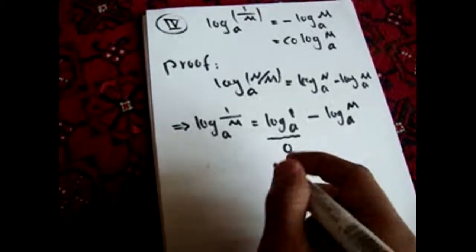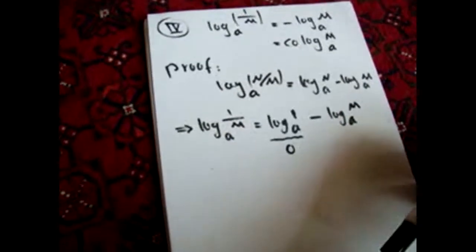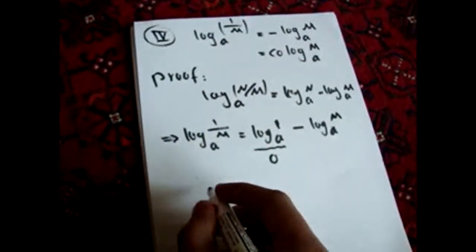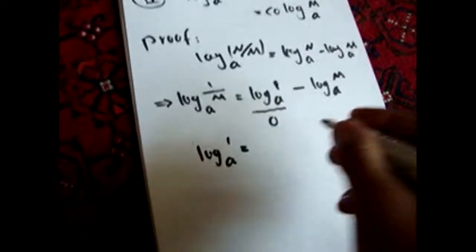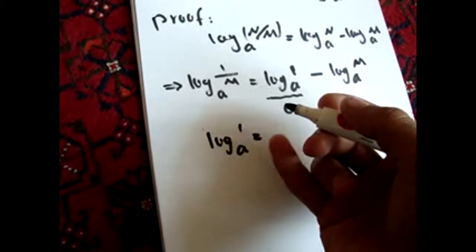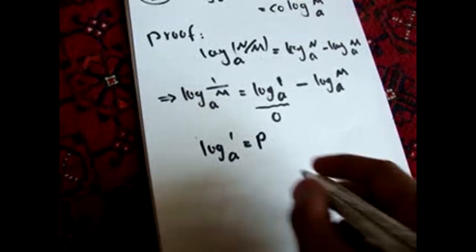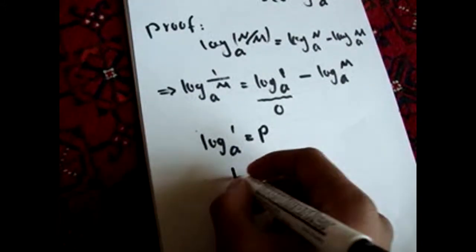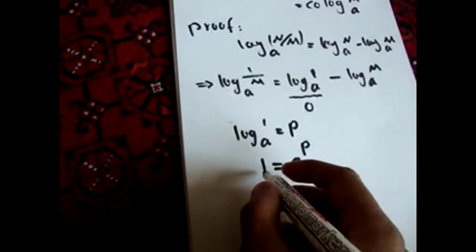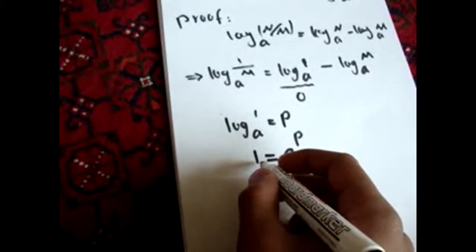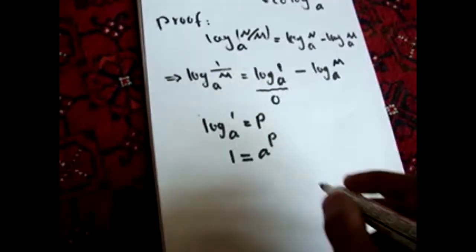If you have a logarithm of 1 with any base, it's always 0. Why is it 0? For example, if I have log of 1 equal to a number, for example p, it becomes 1 equals a to the power of p. So we have to write, instead of 1, something that represents the right side of the equation.